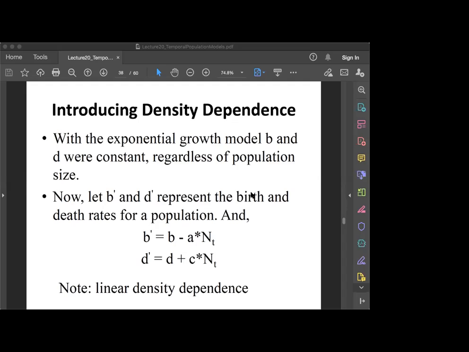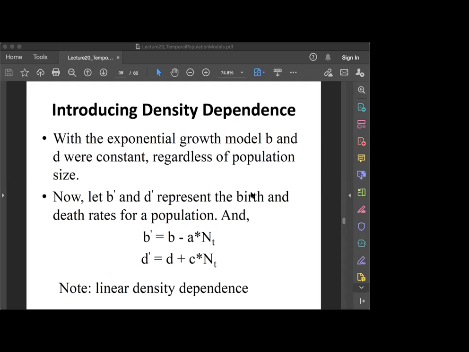So now today we're going to extend the exponential growth model to account for density dependence. And what I mean by density dependence is that the intrinsic birth rates and the intrinsic death rates are going to decrease for birth rates and increase for death rates as the population size increases.